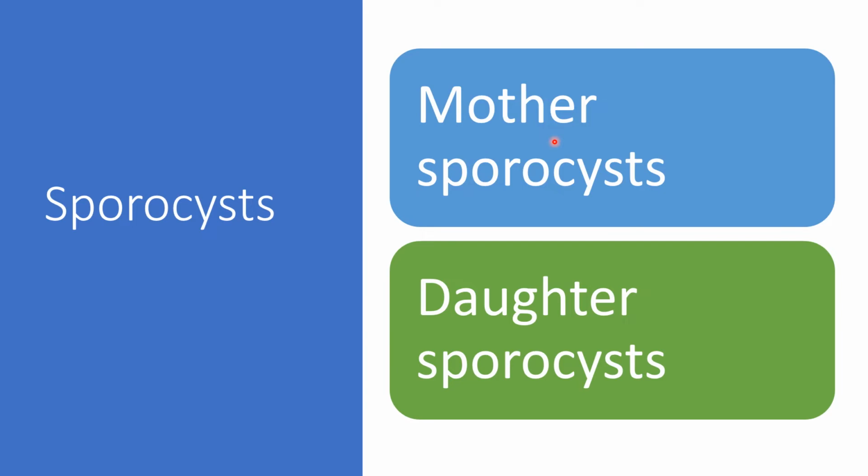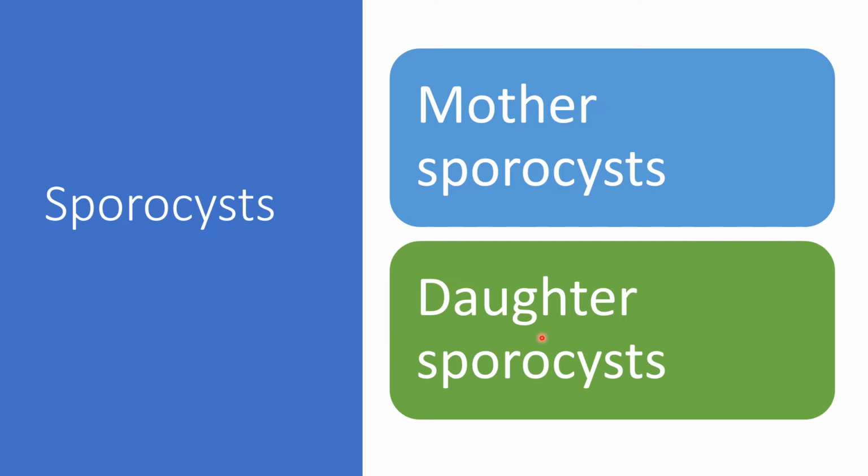The mother sporocyst will undergo asexual reproduction, okay? And then a large number of daughter sporocysts will be formed, all inside the snail. Within the snail, the daughter sporocysts will move into the liver and the reproductive organs of the snail.